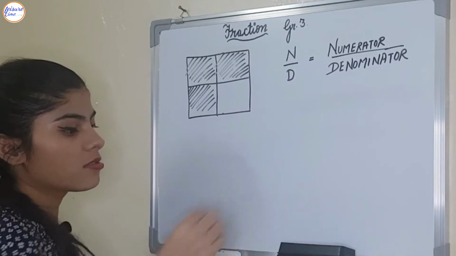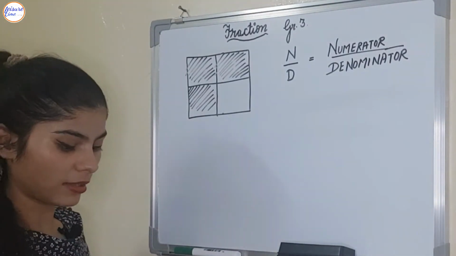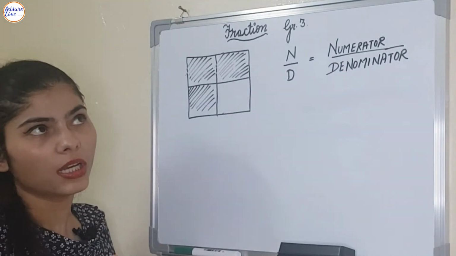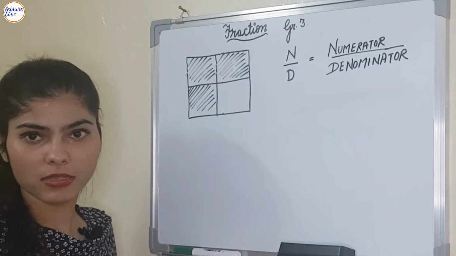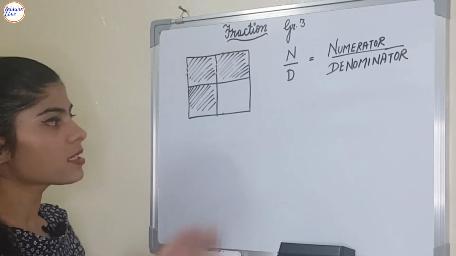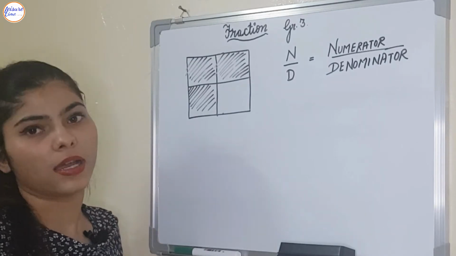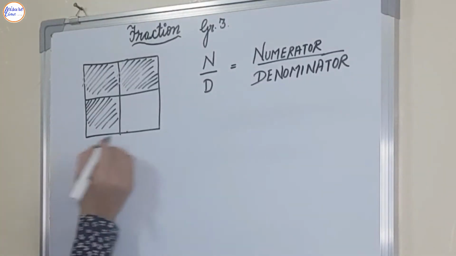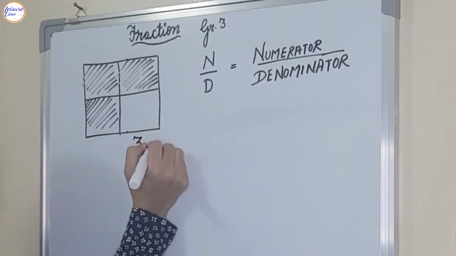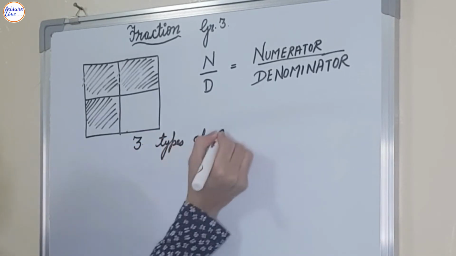Okay, so we have how many parts of fraction are there? In mathematics we have major 3 parts and remaining more 3 parts. But I am talking here the major 3 parts. So how many parts? 3 types of fraction.